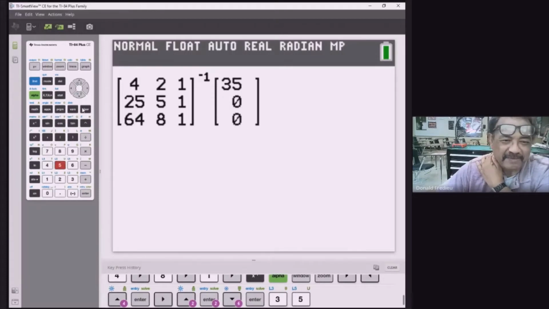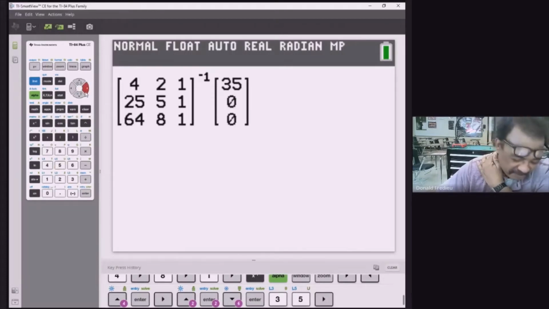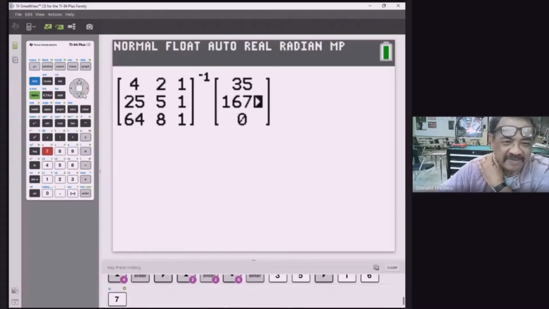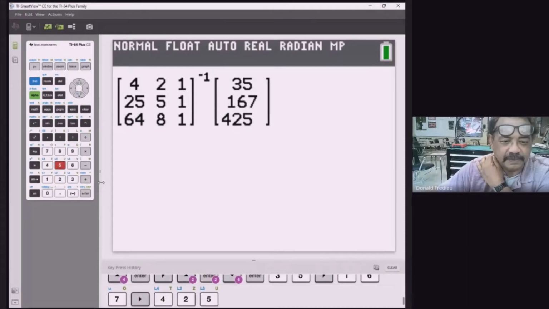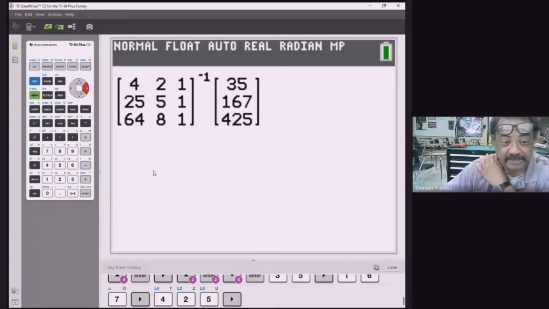Okay, 3, 5. I'll space over. 1, 6, 7. And what was the last number? 4, 25. Now I'm going to space outside the matrix. Now, some calculators you don't have to space outside.